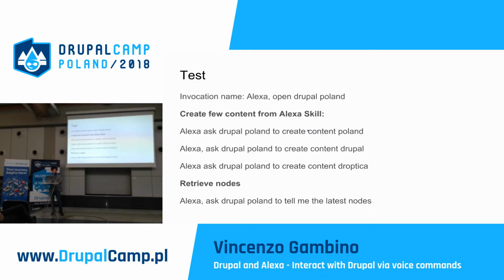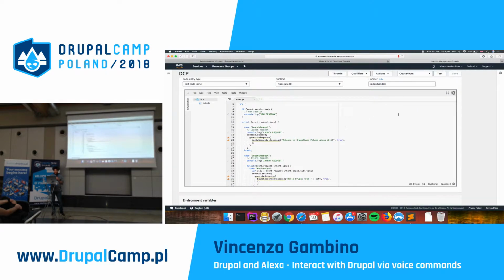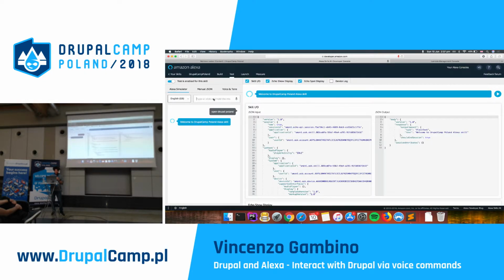Now we want to test the content creation. So we ask Alexa to create content in Drupal, and then she will say back, okay, I created the content, and it will repeat the title. So we'll create.